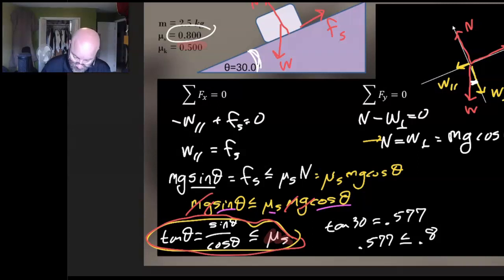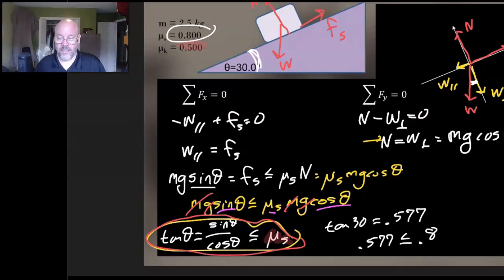Anyway, what I'd like to know is if my static friction is 0.8, how high can I set this angle? In other words, how steep can I make it before the block begins to move all by itself?